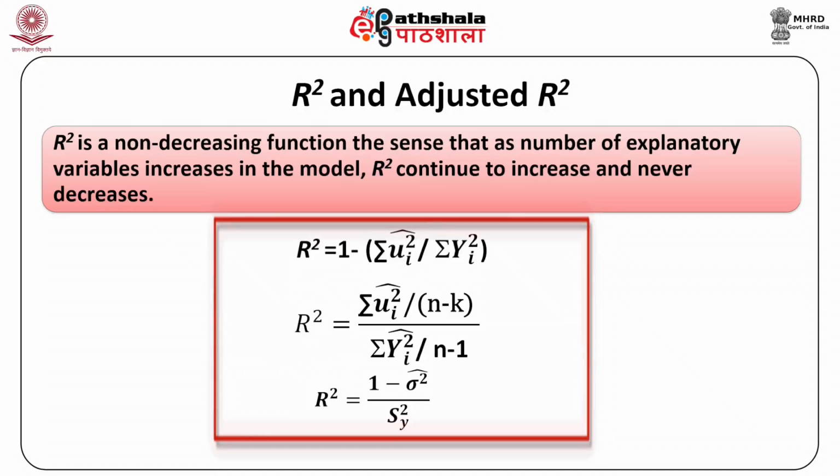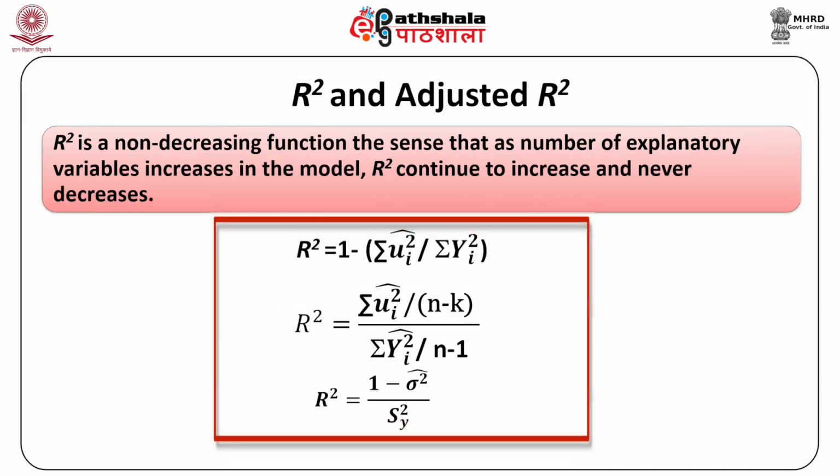As they increase, sigma u hat squared i is likely to decrease, and thus R square will increase. Therefore, one must be careful while comparing two models with the same dependent variable but with a different number of explanatory variables. The problem can be solved if we take the number of explanatory variables into consideration while calculating the R squared.